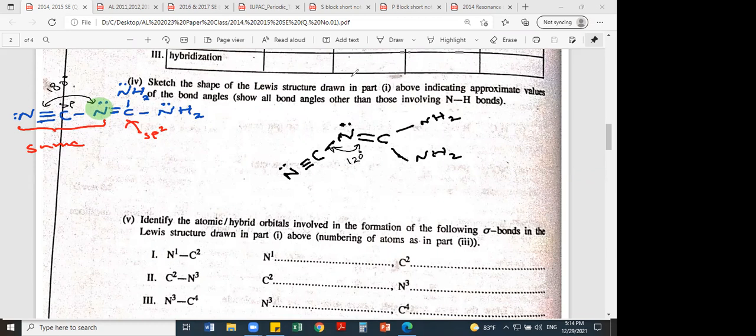Then you can mark the bond angles. It's 120 here. This one 120. And this one also 120. This also 120. This one approximately 120.